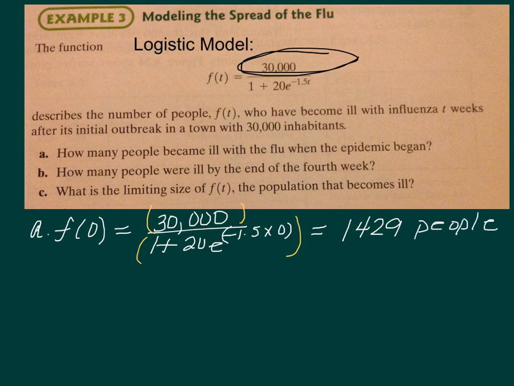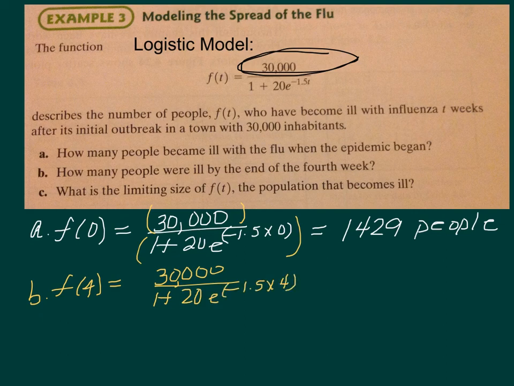Okay. B, how many people were ill by the end of the 4th week? So now you're going to plug in 4 for t. And you're going to do the same thing. But make sure there are parentheses around the numerator and around the denominator. And you should get about 28,583 people.